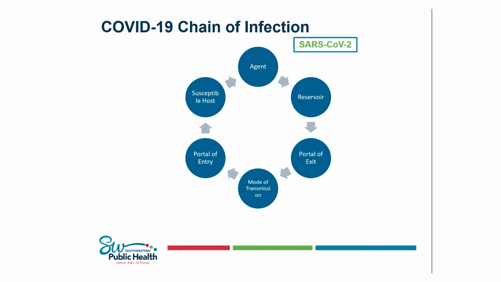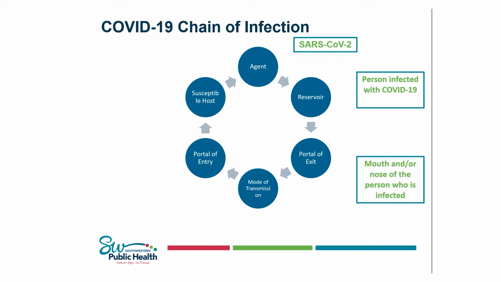So our infection is coronavirus. And then our reservoir is the person infected with coronavirus. And then the portal of exit is the mouth, nose of the person who's infected by sneezing, coughing, spitting.